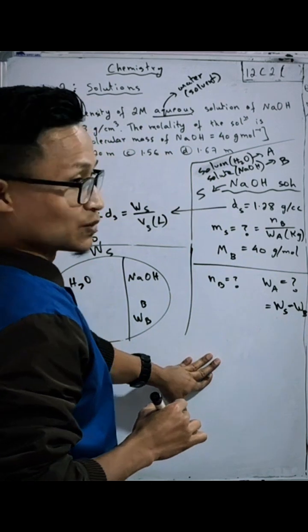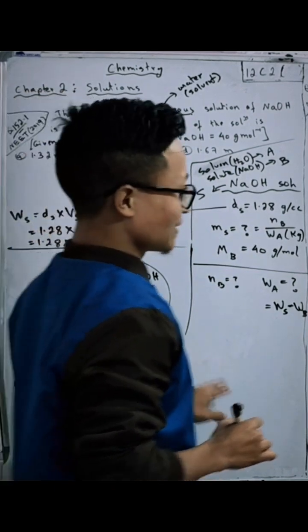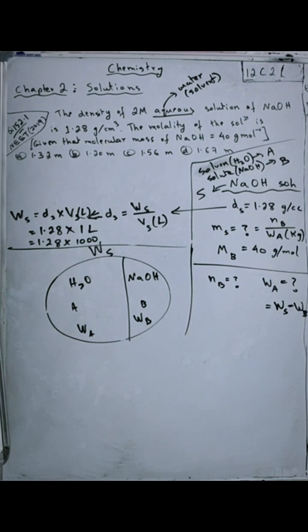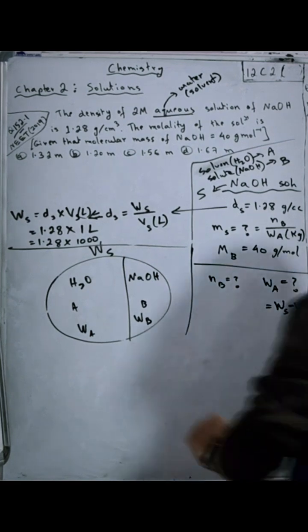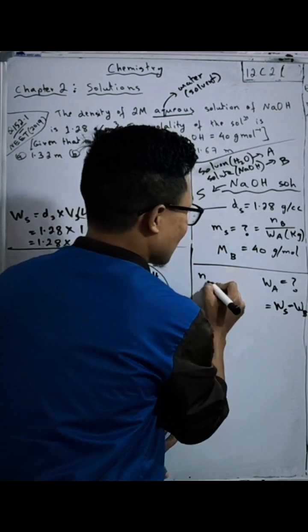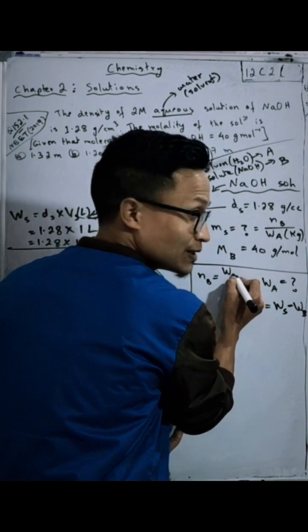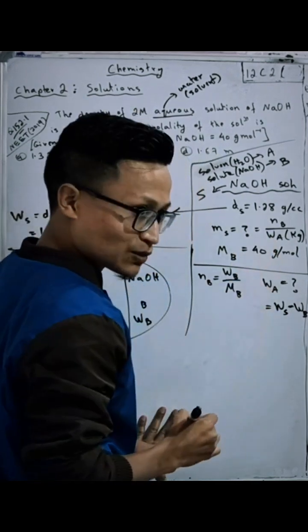Now the weight of the solute. How to find it? The number of moles of the solute is defined as the weight of the solute by the molar mass of the solute.